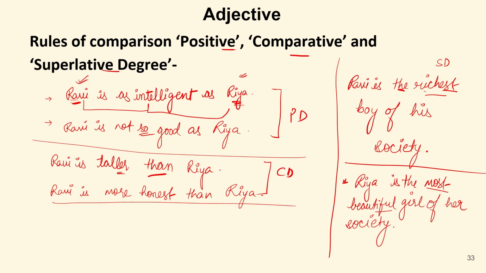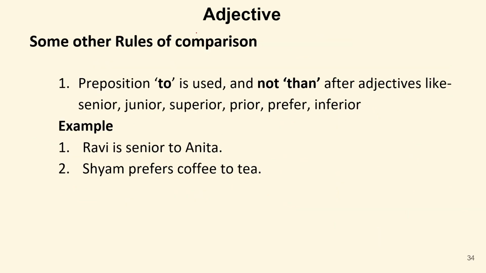Now, there are some important rules of comparison. Some other rules of comparison. What are these? Whenever we have some words like senior, junior, superior, prior, prefer, inferior, anterior, posterior, all these words, they are always followed by a preposition to, and not than.